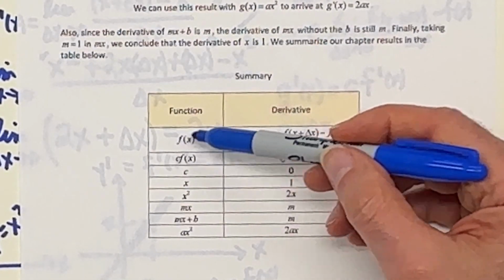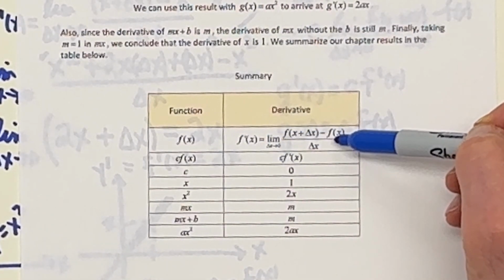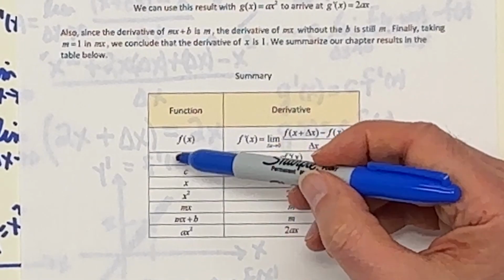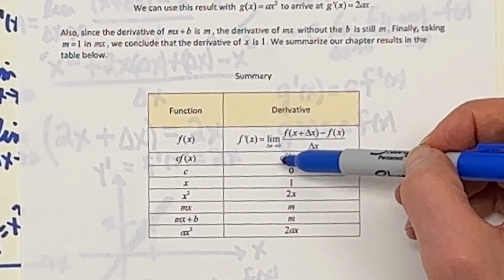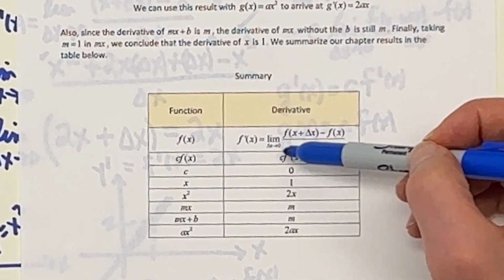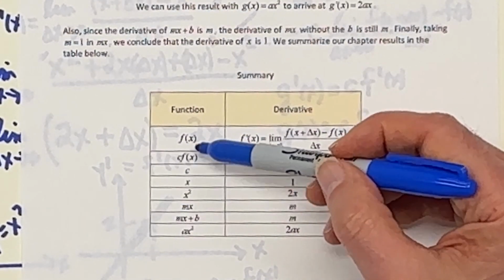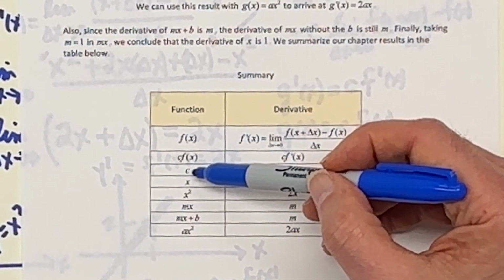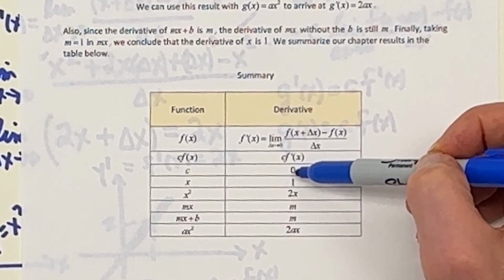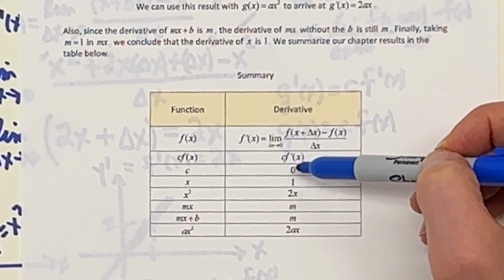If you have f of x, here's your derivative, your slope function. If you put a c in front, it would be the constant times the same slope function that you had earlier. Then if you had the f of x, the function being a constant, you'd get 0. It's flat, no slope, or the slope is 0.